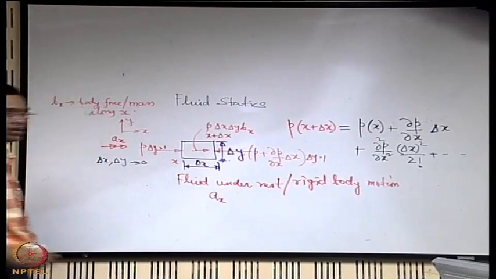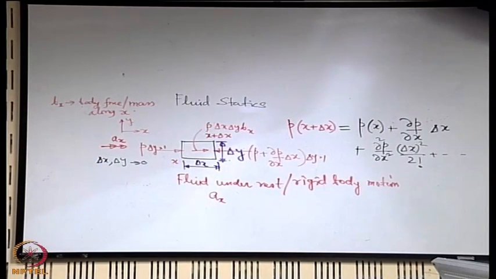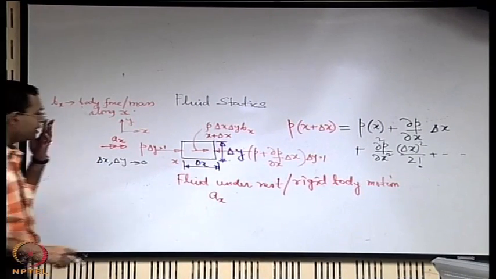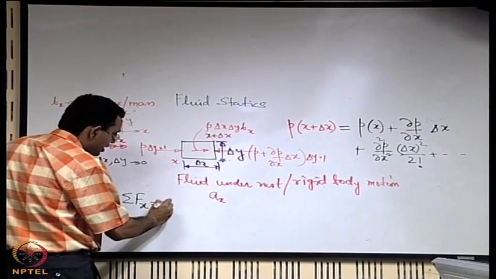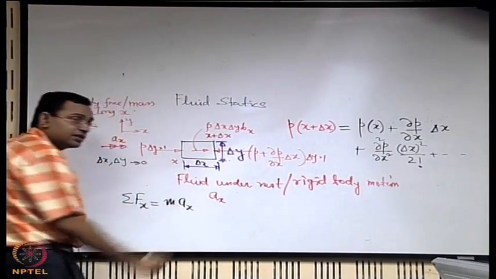So, we can write Newton's second law of motion for the fluid element, and when we do that, what do we get? The resultant force which is acting along x is equal to the mass of the fluid element times acceleration along x.